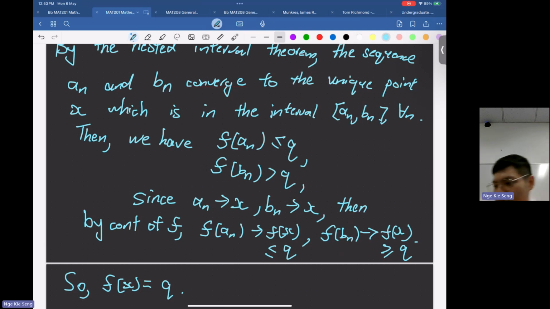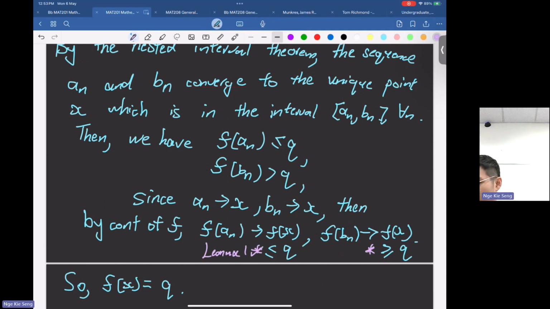If you like to be very pedantic, we will put these here as lemma 1 and lemma 2. For both of them to hold, they have to be equal to q. If there are any gaps, they should be at these two points.